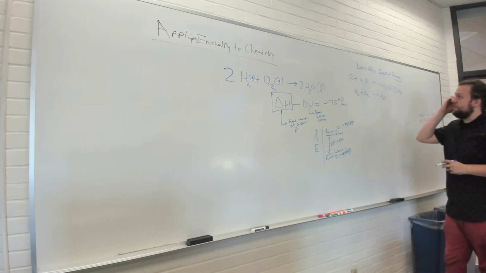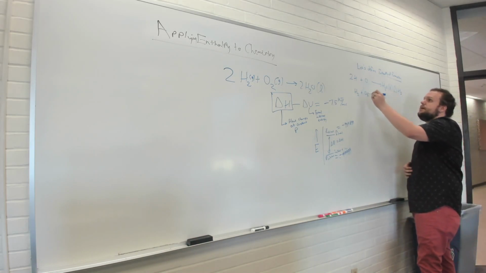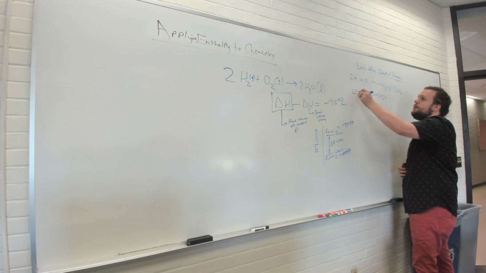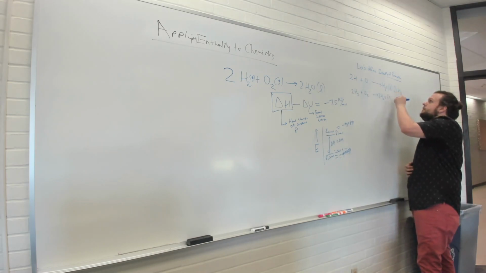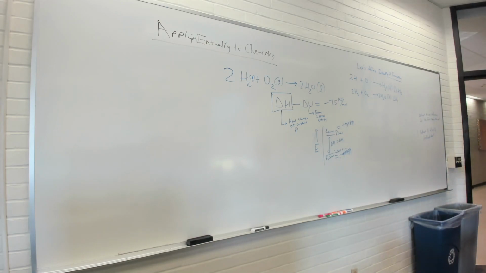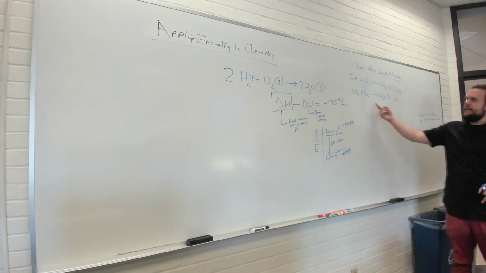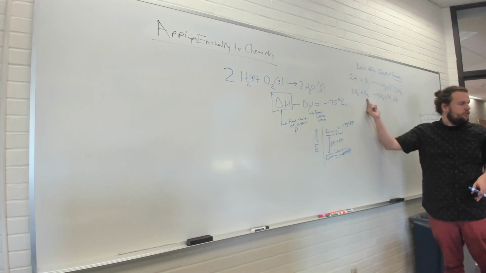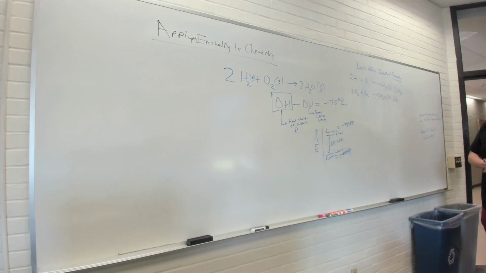And let's balance this equation. We need 2 here and 2 here. And calculate delta HF. Oh, again, we have a problem. Well, what is the enthalpy of H2 and what is the enthalpy of O2? Well, chemists have come up with two different formalisms for what we define as zero enthalpy.